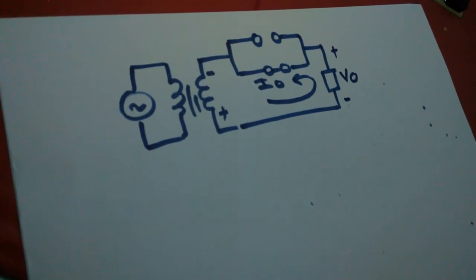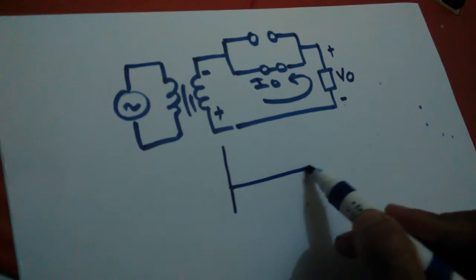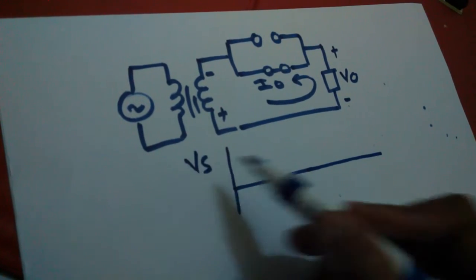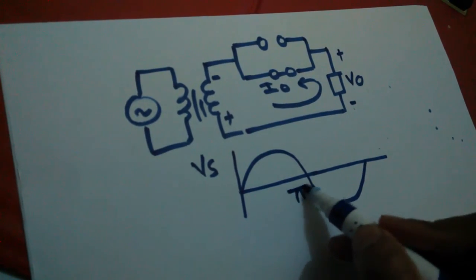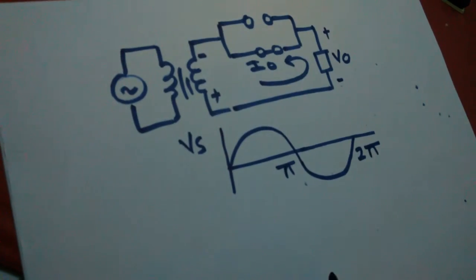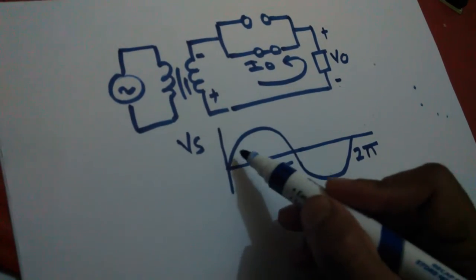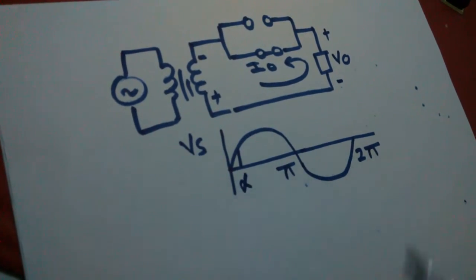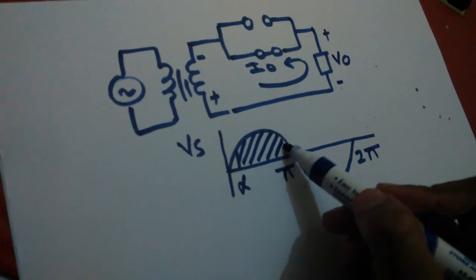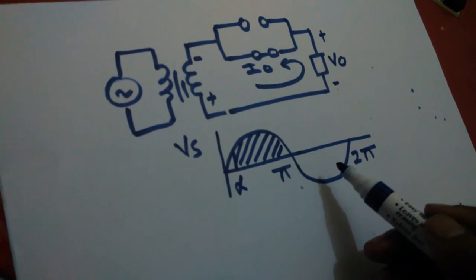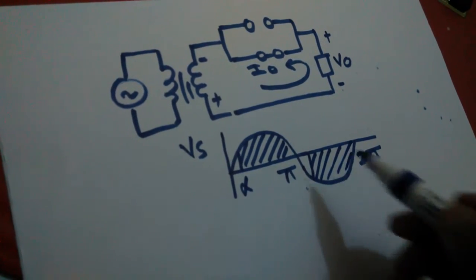So we can find out here waveforms for output voltage where supply voltage will be given Vs. From this waveform we can see this is across R. At alpha, in the positive half cycle thyristor T1 will conduct from alpha to pi, and during the negative half cycle the thyristor T2 will conduct from pi plus alpha to 2 pi.